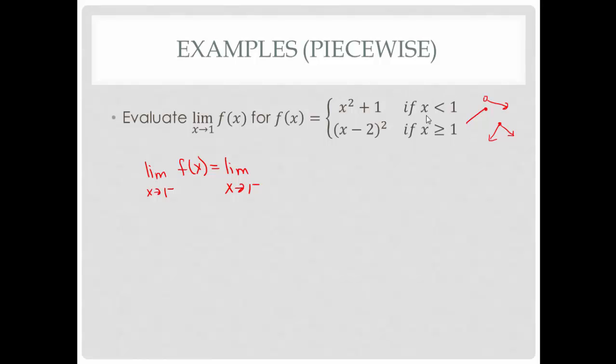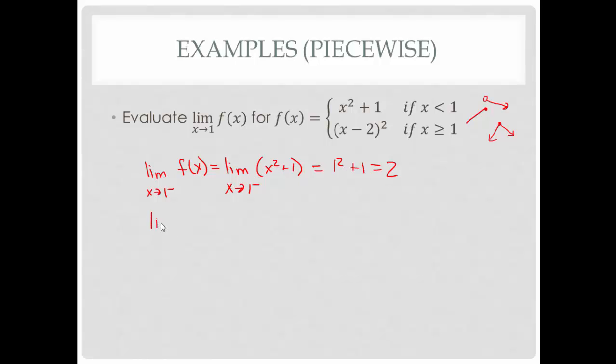It would be this piece, x is less than 1. So in the case where you know your x values are smaller than 1, the function you're working with is the first piece, x squared plus 1. Well, notice that's a polynomial, which means you can directly substitute: 1 squared plus 1. You're going to get 2. So the limit from the left at 1 is 2.